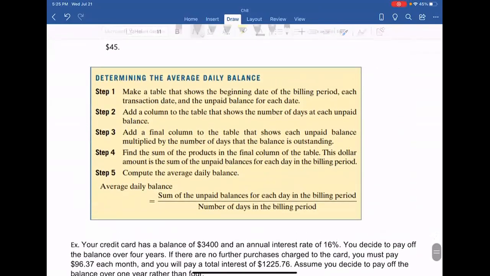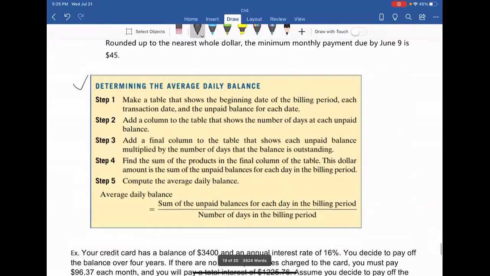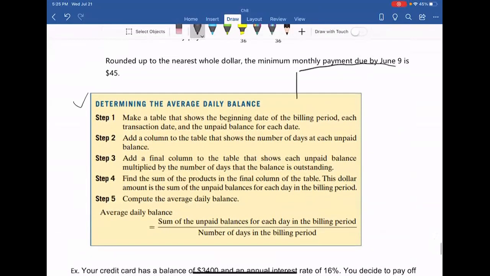And here they showed you how to find the average daily balance. The first step, make a table that shows the beginning dates of the billing period. So we made a table first. I put the date here. It shows the billing period, each transaction date, and the unpaid balance for each date.